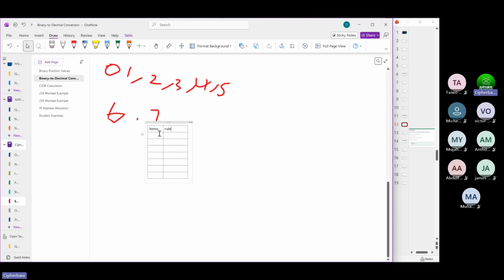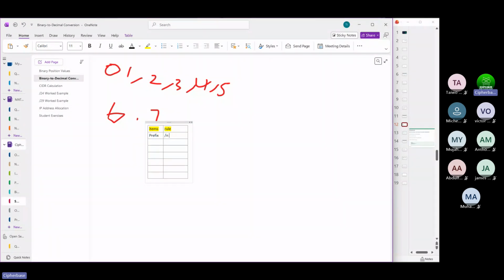Under items, this is the title, the heading here. Under the first item we have what is called prefix. Then under the rules, we have /n. This is what we'll be using forever, so that's why I'm putting it in the table, so that anywhere you find yourself, in any company, this is what you will use.